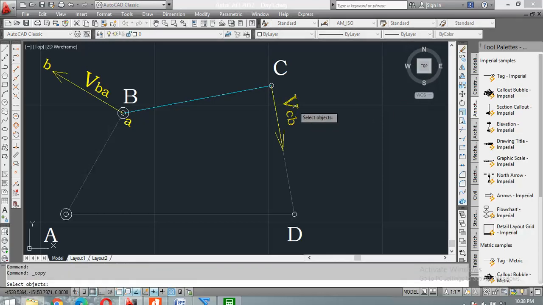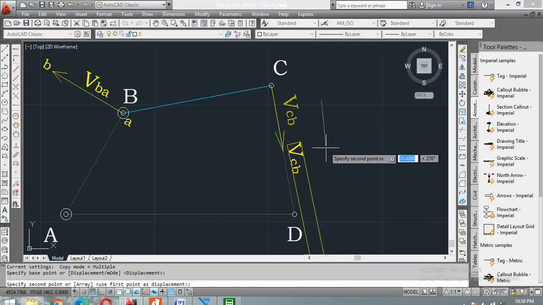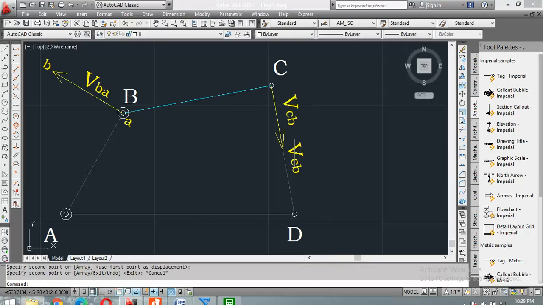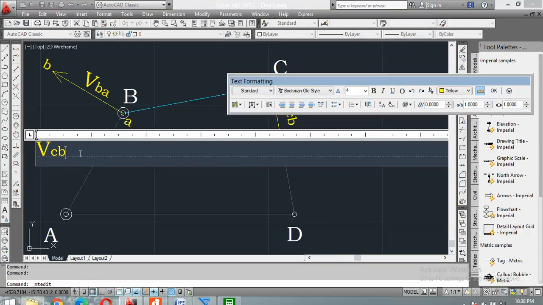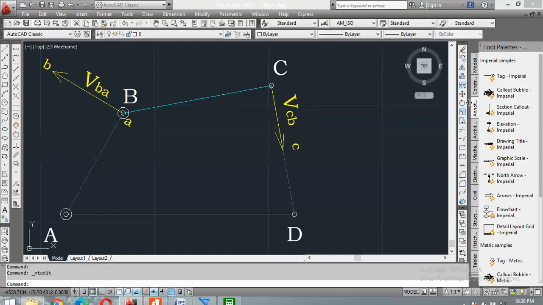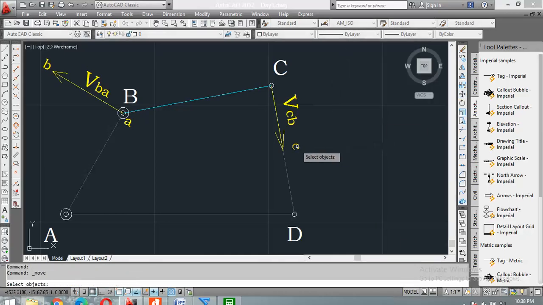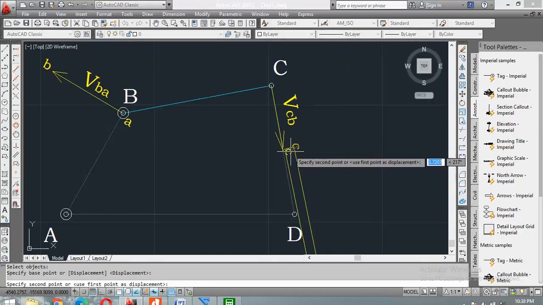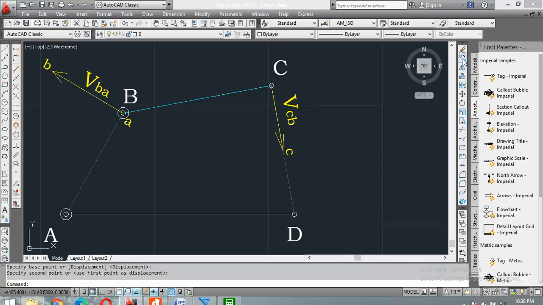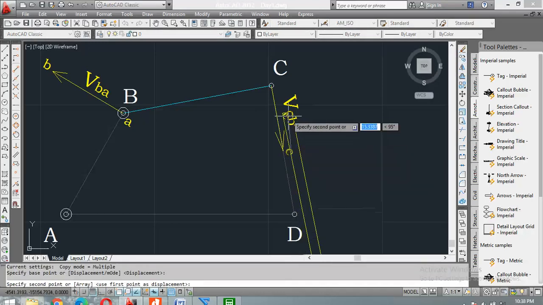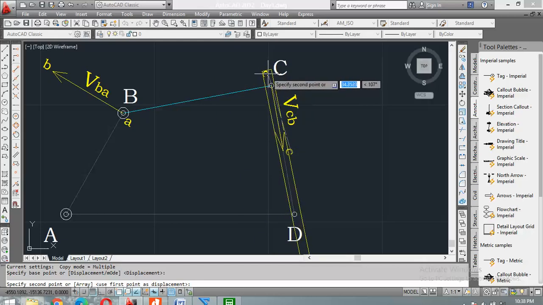So I am marking C point on the head, and second, B point on the tail of this vector.